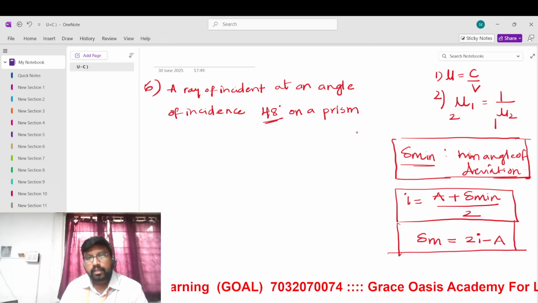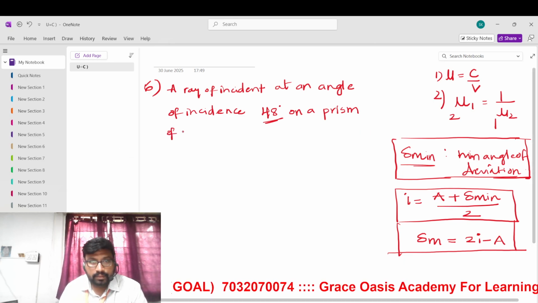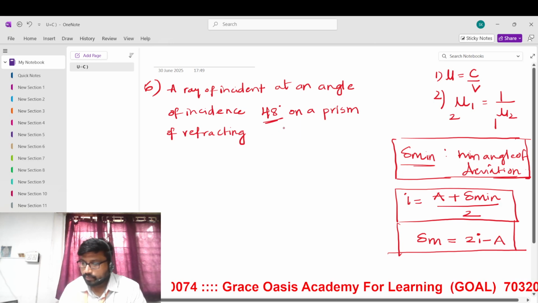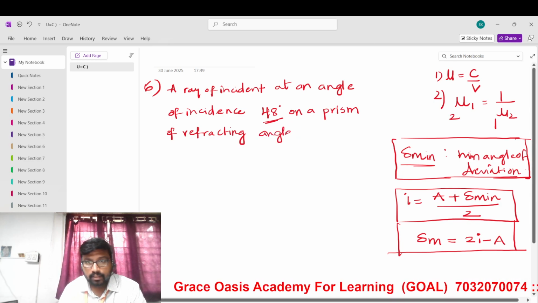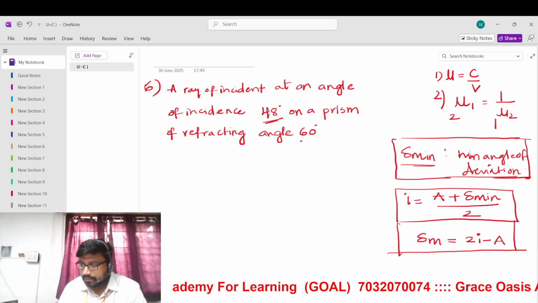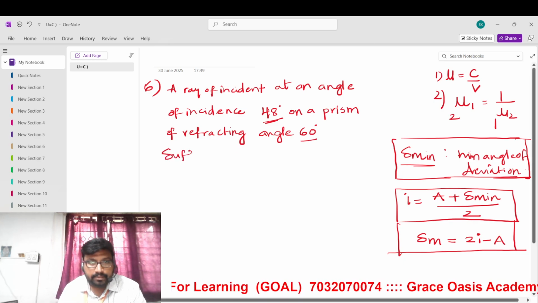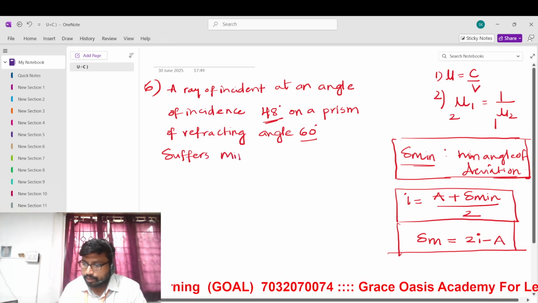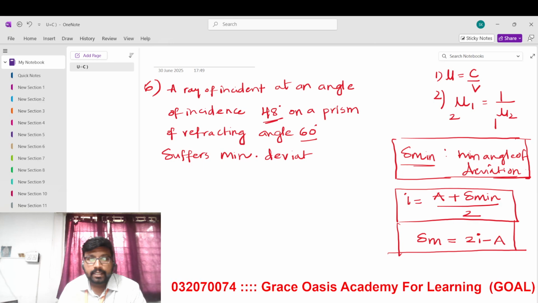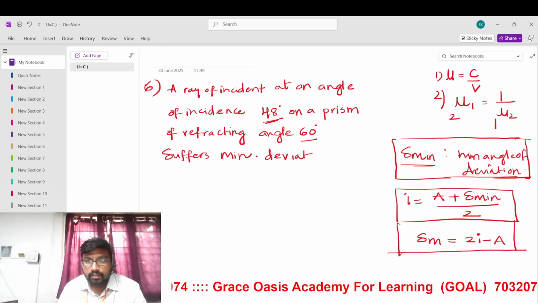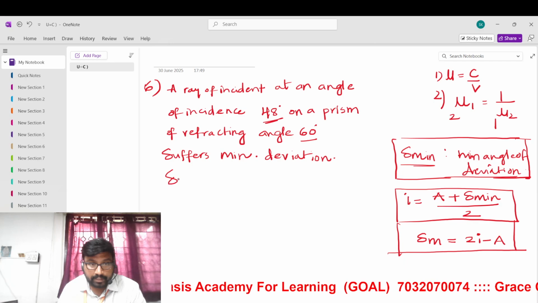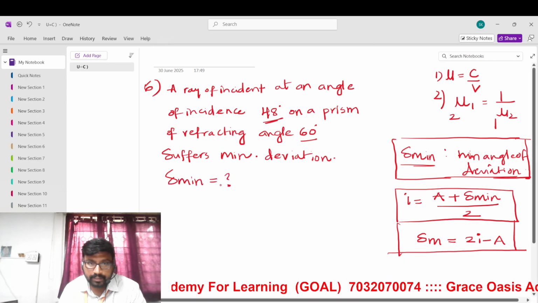So 48 degrees on a prism of refracting angle 60 suffers minimum deviation. So the incidence is given, the refracting angle is given, and they are asking for the angle of minimum deviation.